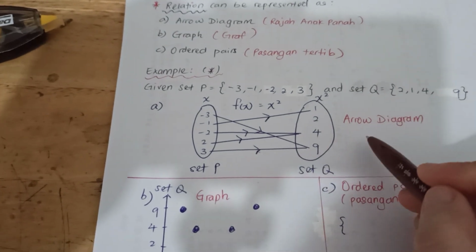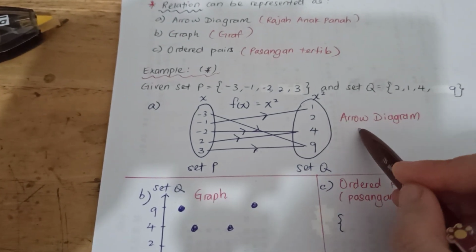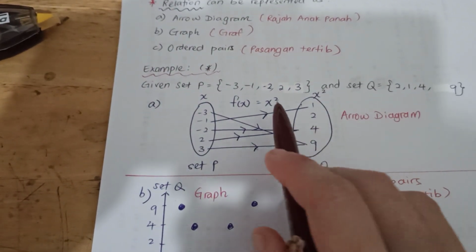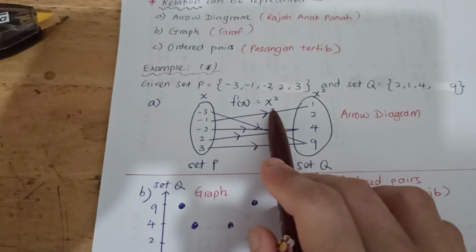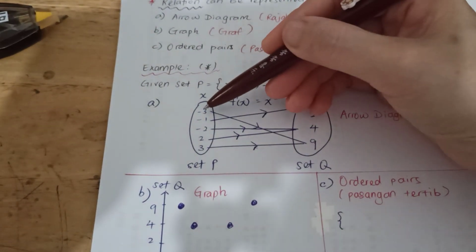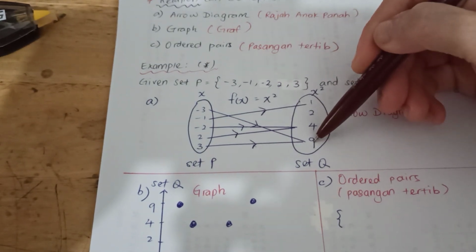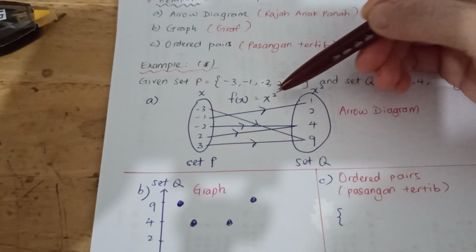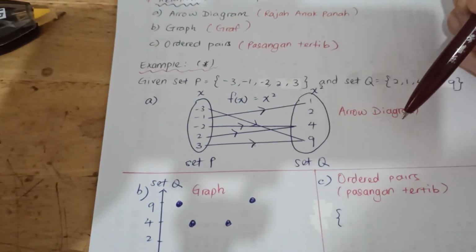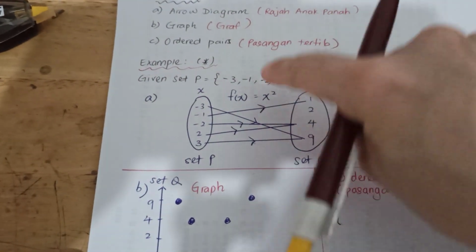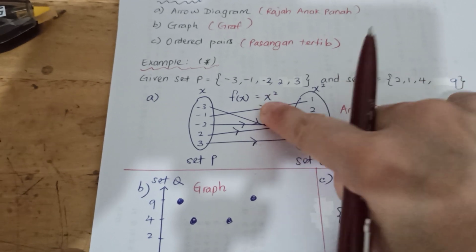So this is how we represent our relation in an arrow diagram with two sets, and then you draw the arrow diagram by following the function given. The function is x squared. How does negative 3 go to 9? Because negative 3 squared equals 9. Negative 1 squared equals 1. This is an arrow diagram. As long as we see the arrow, mesti ada arrow. Without the arrow, this is not an arrow diagram.